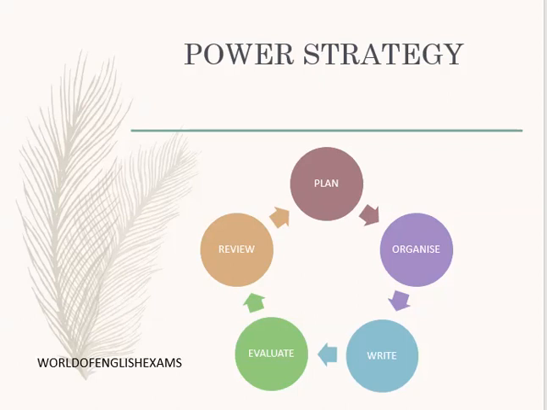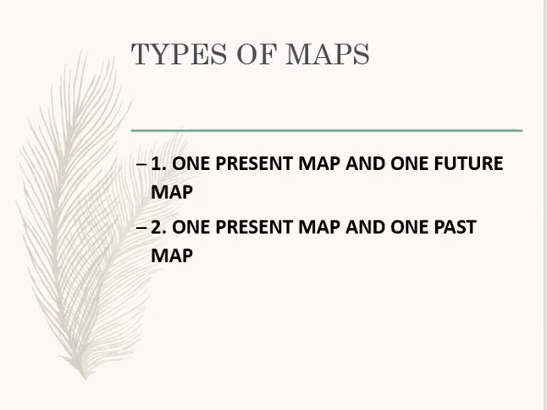Now let's move on to a very important point about maps. As you can see on the screen, there are 2 different types of maps which you need to prepare. The first one is one present map and one future map. Such maps are called predictive maps because the second map is showing the projections towards the future.